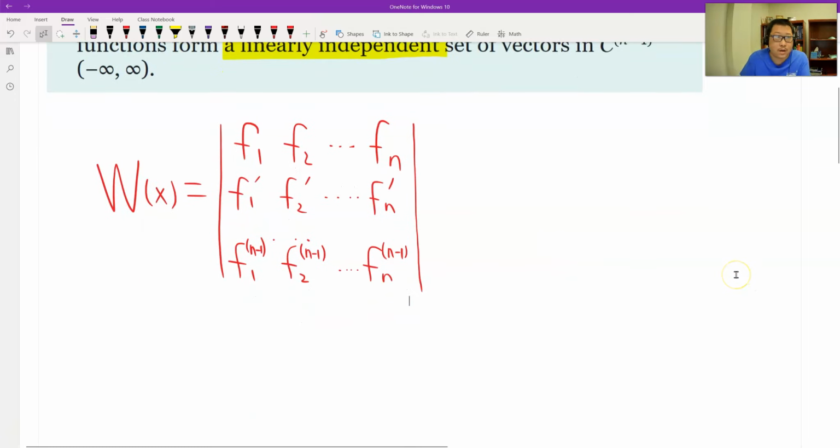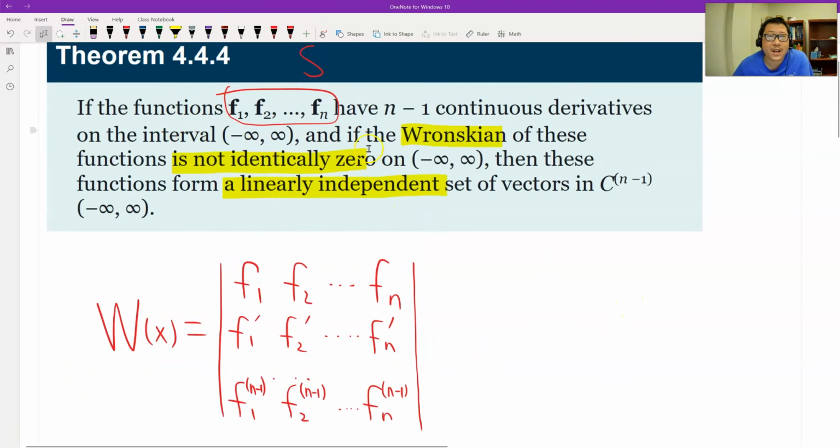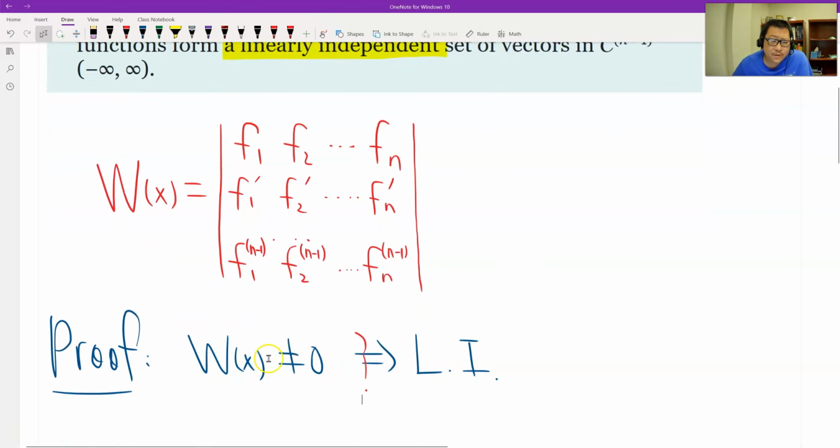So we have to prove this: when the Wronskian is not zero, then the set is linearly independent. Why? But before we prove this result, let me give you a remark. We can prove that if the Wronskian is not zero, then the functions are linearly independent. How about the other case? If the Wronskian is zero, do you think we get linear dependence?